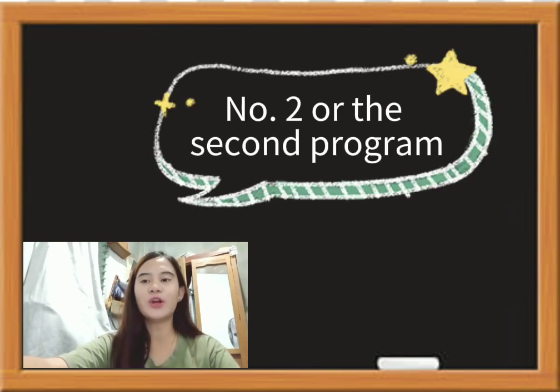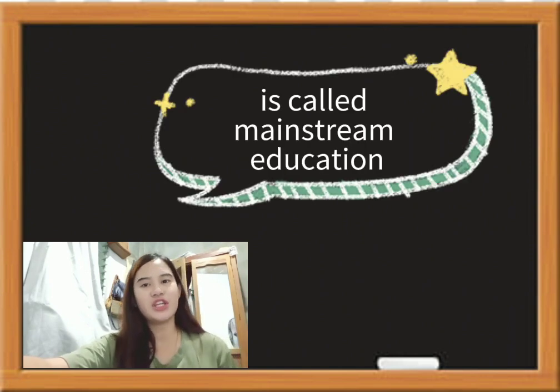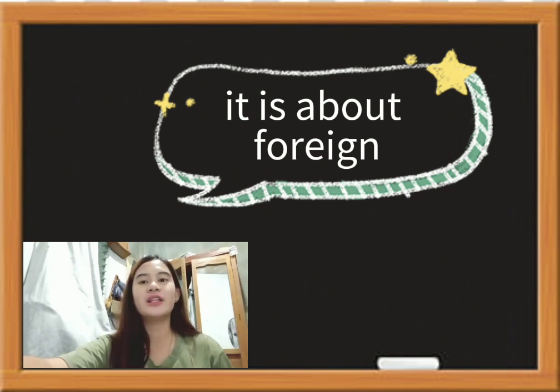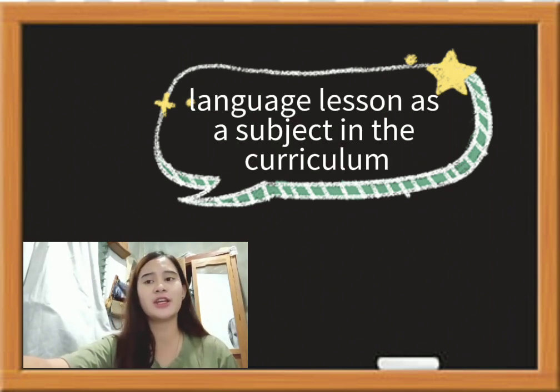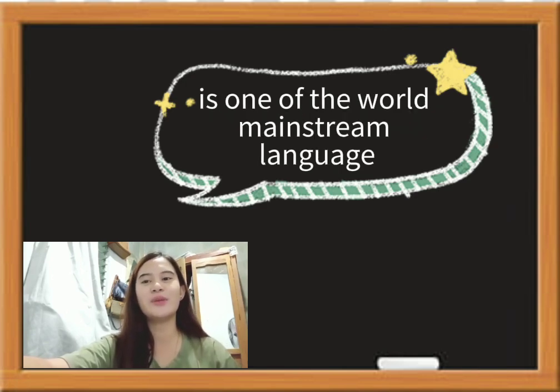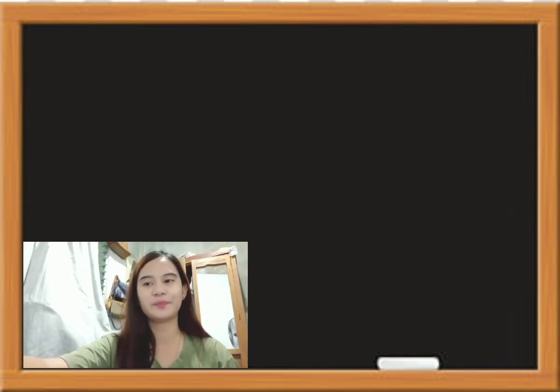The second program is called mainstream education with foreign language teaching. It is about foreign language lessons as a subject in the curriculum. Very often, the chosen foreign language is one of the world's mainstream languages.